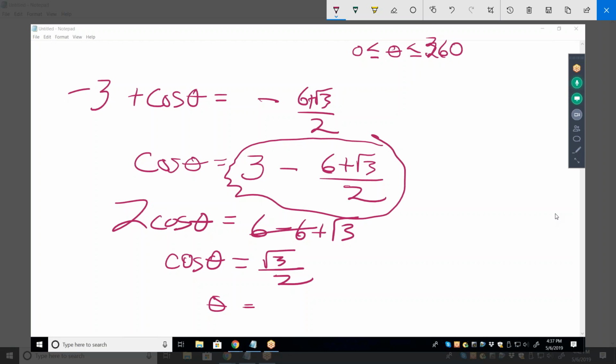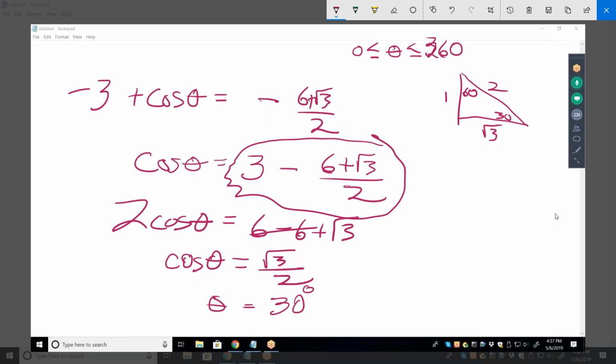Always go back to those triangles if you have to. Opposite the 30 is always 1. Opposite 60 is root 3, and the hypotenuse is 2. So which angle has a cosine equal to root 3 over 2? 30.